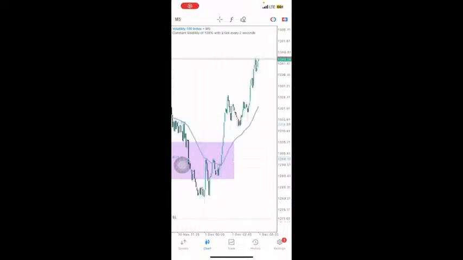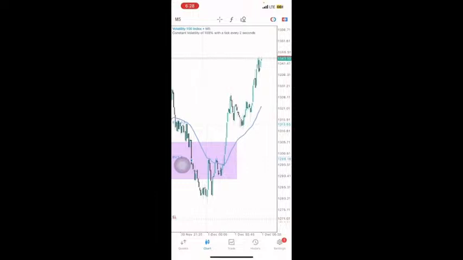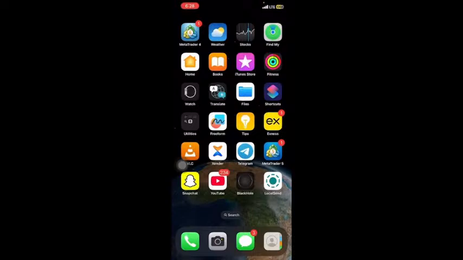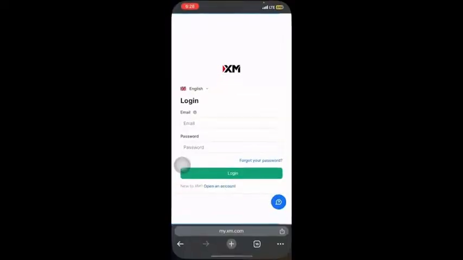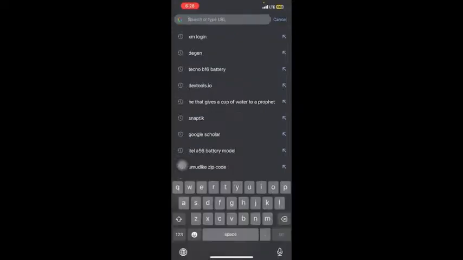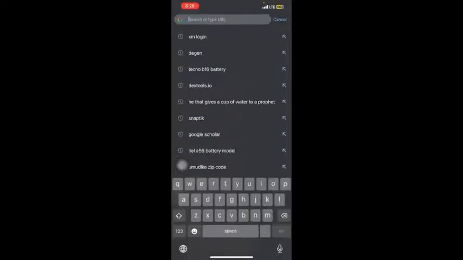Another very important thing you should know about Deriv is that they also have a TradingView platform for your charting. So in case you love dealing with TradingView, you can just go to your browser and type tradingview.deriv.